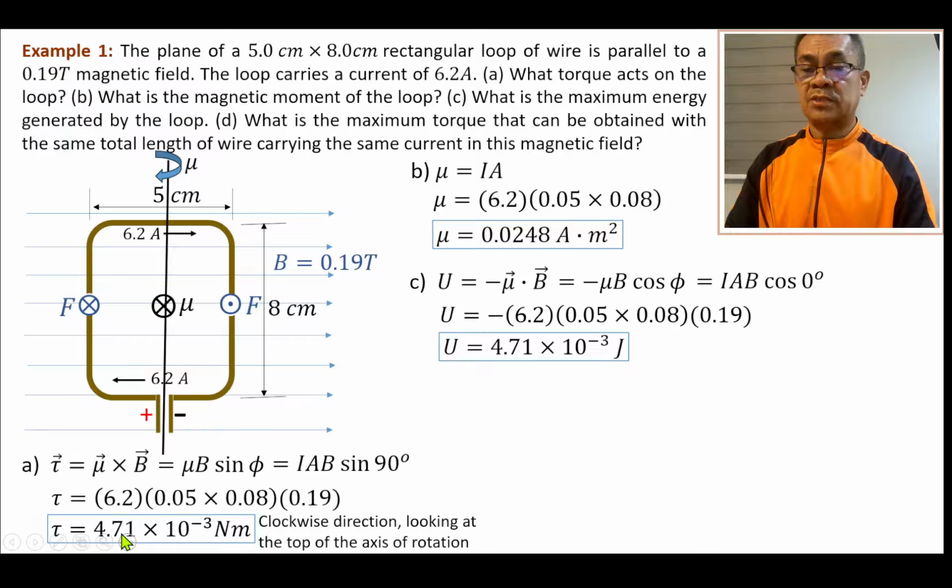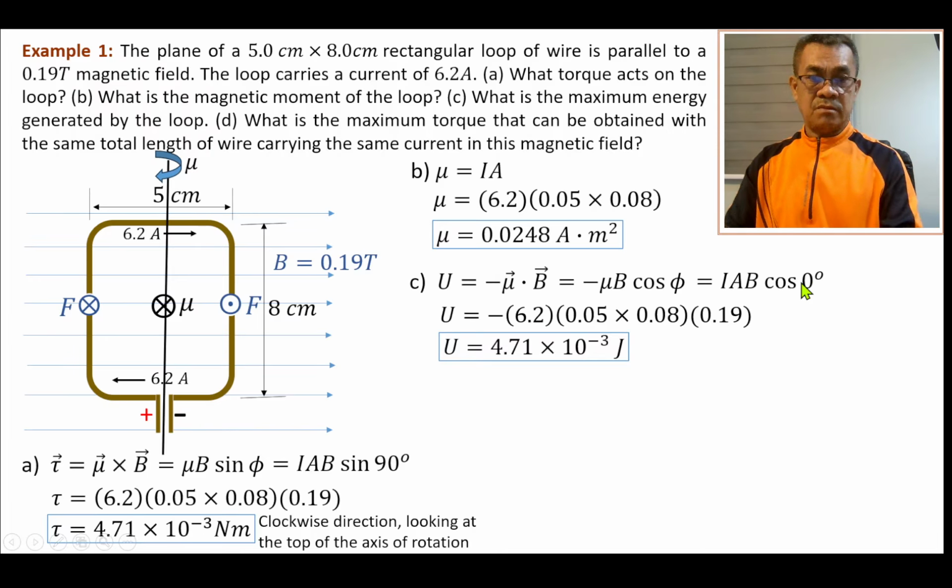4.71. So that's why we have this torque the same as this one. Why? Because this is the energy and we have this torque. So why is it that we have the torque? Because of its energy. So energy is conserved. Now, this will become 0 at the angle of 90.